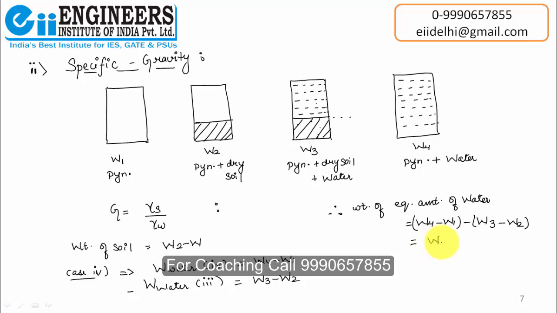So I can rewrite it as W2 minus W1 minus W3 minus W4. Therefore we get our specific gravity value as W2 minus W1 divided by W2 minus W1 minus W3 minus W4.